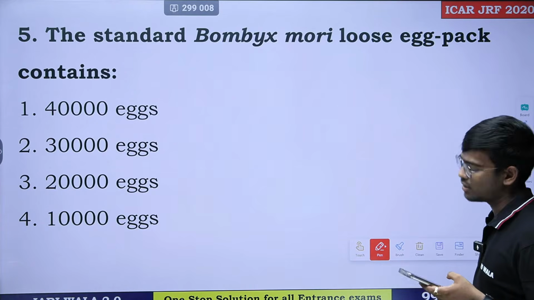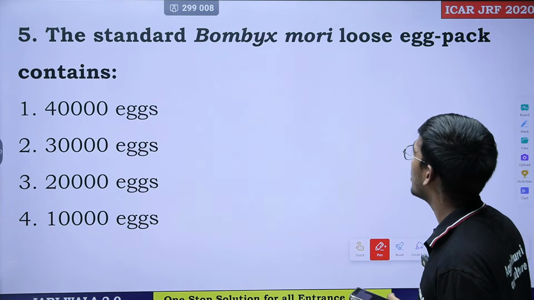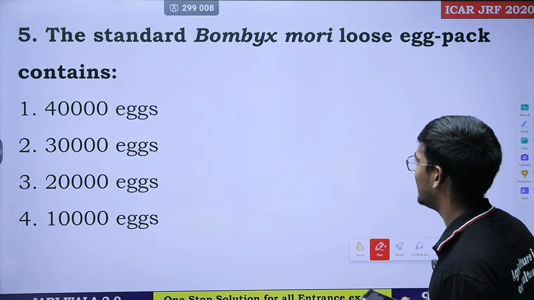And the next question: the standard Bombyx mori loose egg pack contains.